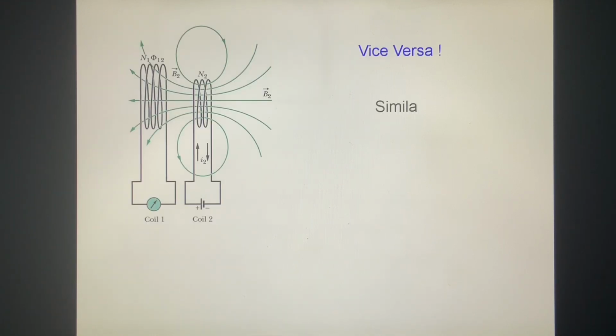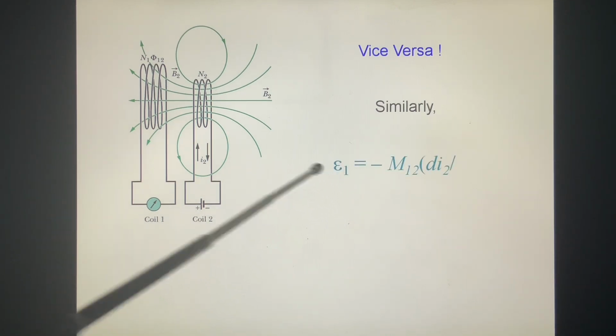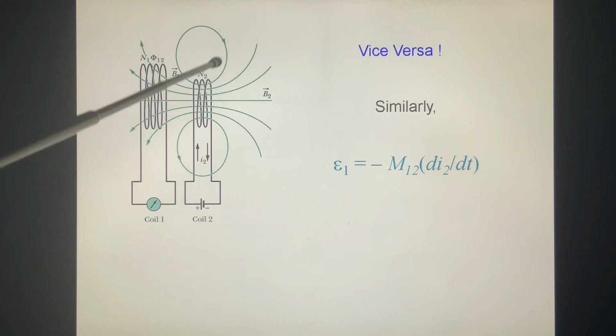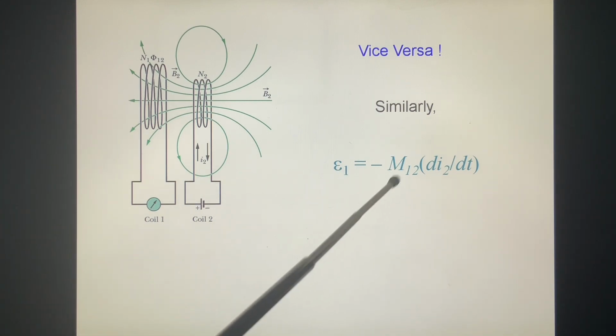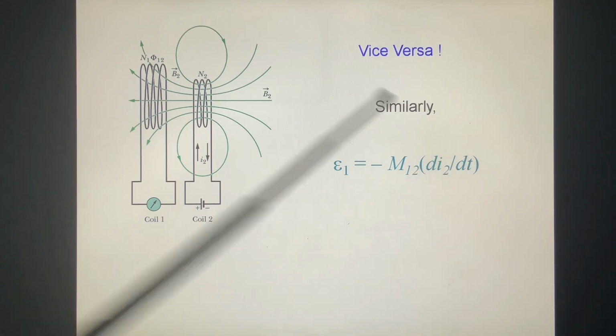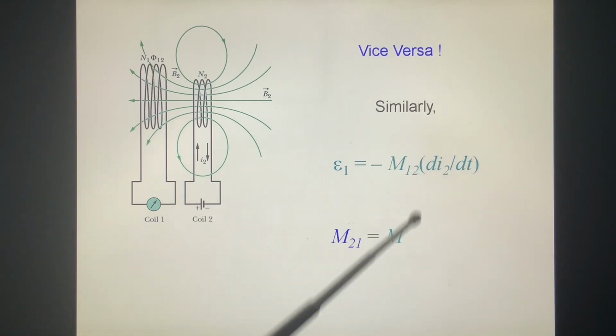Vice versa, if you change the current in coil 2, we can induce an electromotive force in coil 1. So we have epsilon 1 equal to minus M12 dI2 dt. And M12 and M21 are the same.